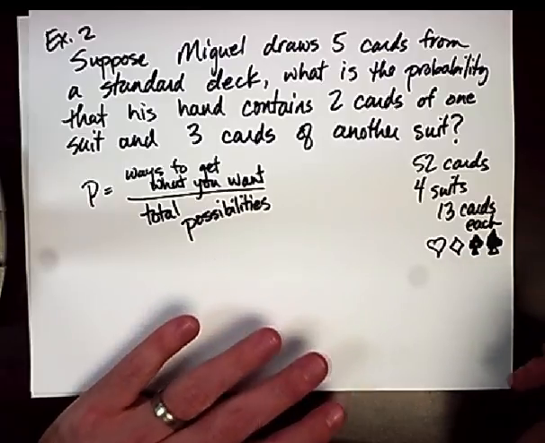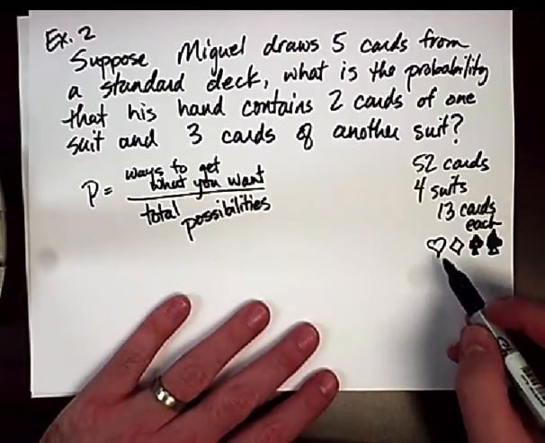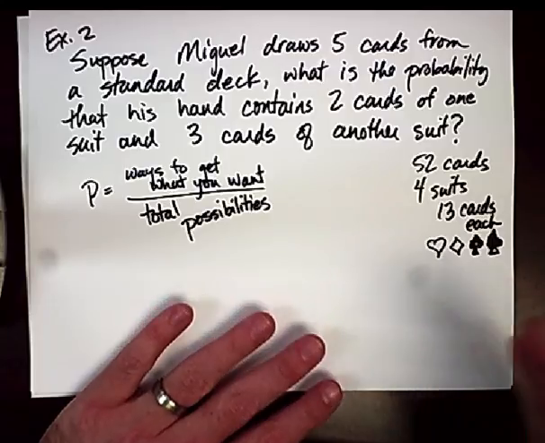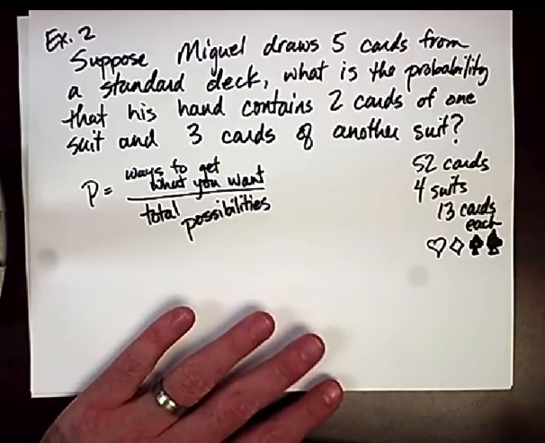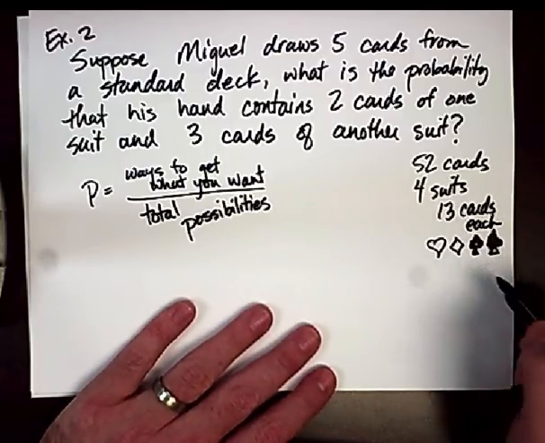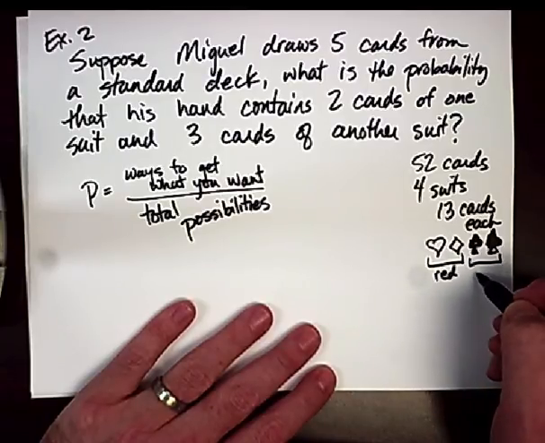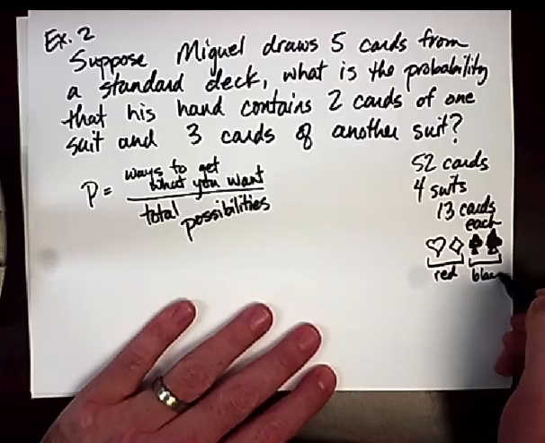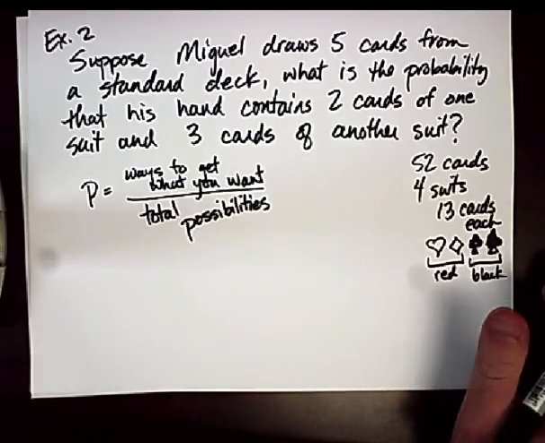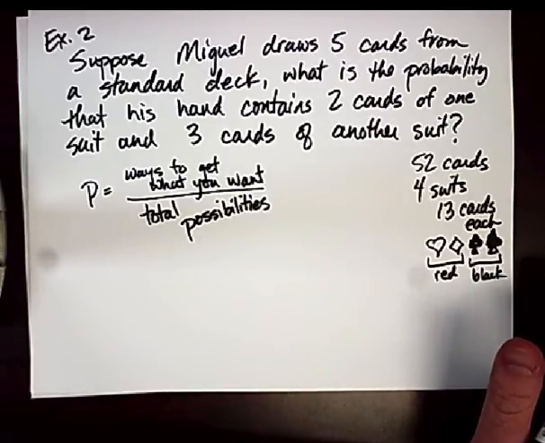Then those are ace, 2, 3, 4, 5, 6, 7, 8, 9, 10, jack, queen, king of each one. Hearts and diamonds are red. Clubs and spades are black. Okay. So first let's figure out just how many hands there are.